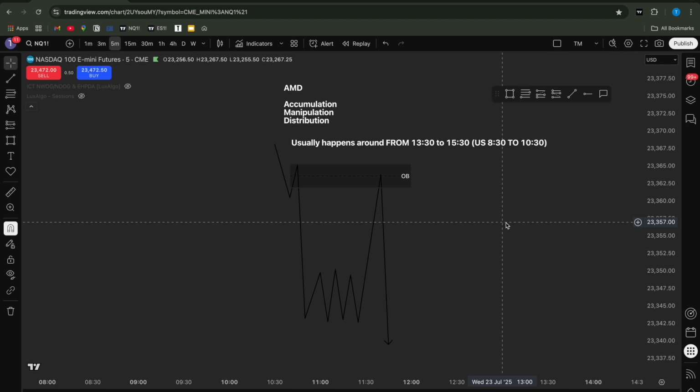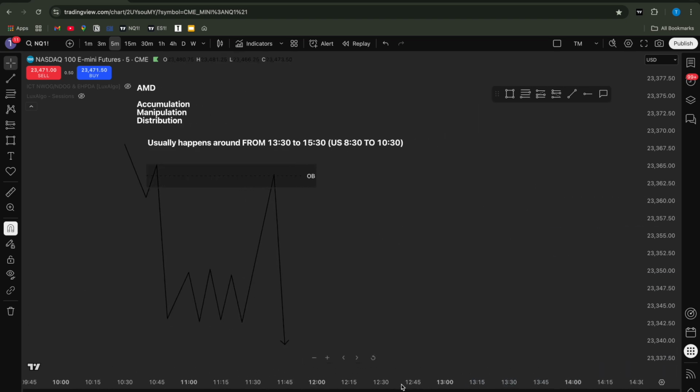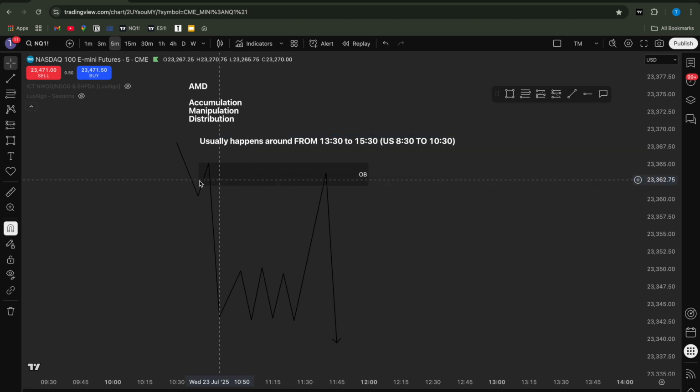That's going to be a high probability to take your draws on liquidity. I think that's a less chopped way of explaining it, because I have entry models that are different to AMD as well, but AMD is more of like a model and an entry model. You'll understand when you learn about the way I trade why it's so weird to explain that.